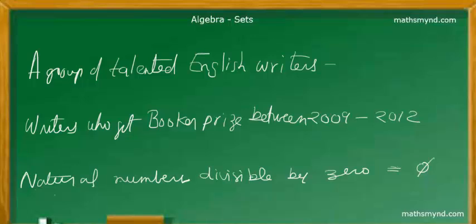But if you put it in a specific manner, like the writers who won the Booker Prize between 2009 and 2012, then it's a well-defined set, and you can easily get the names of the writers who got it, which forms the elements of this particular set. And that's the example of a very specific set.